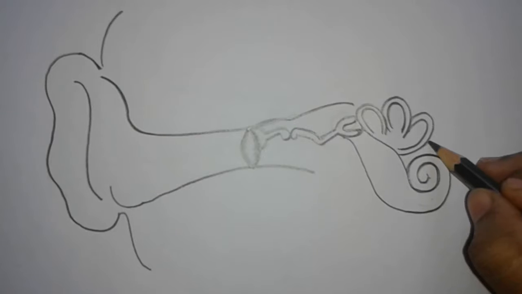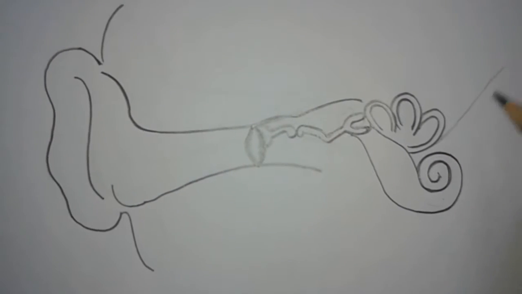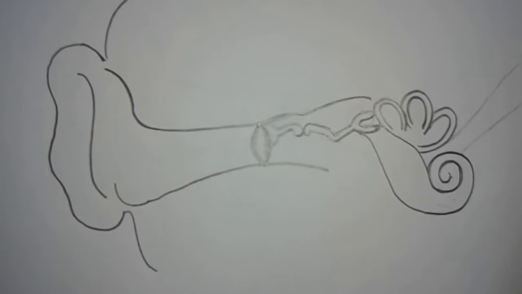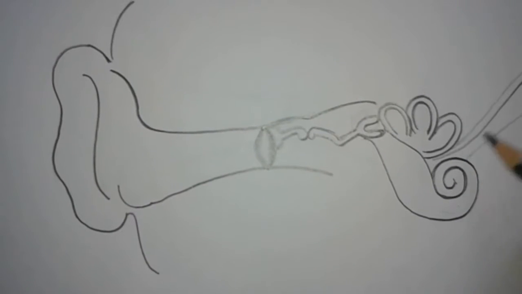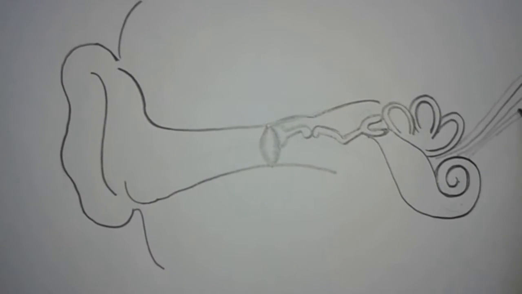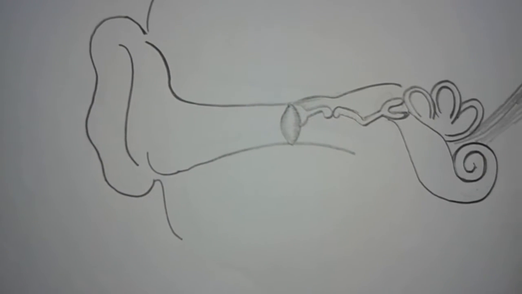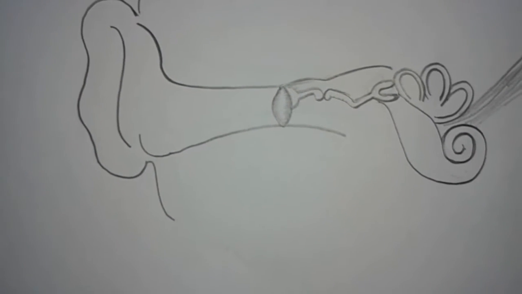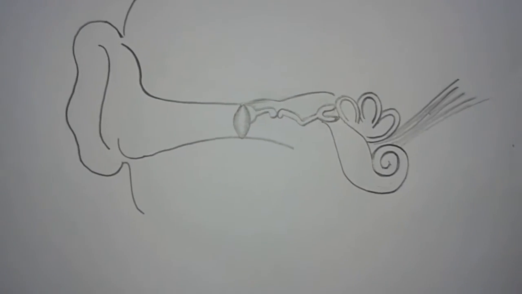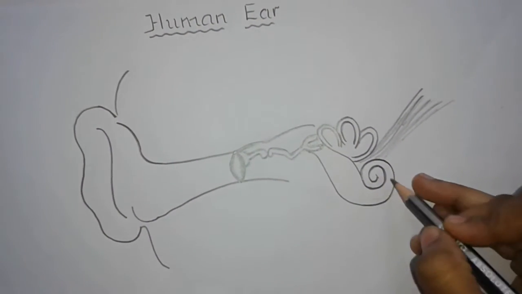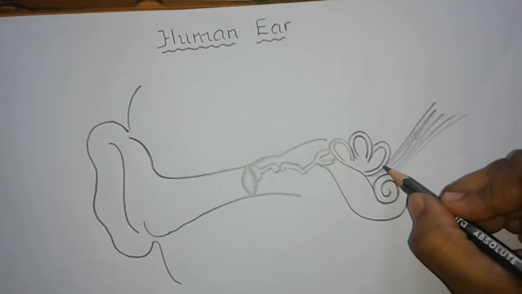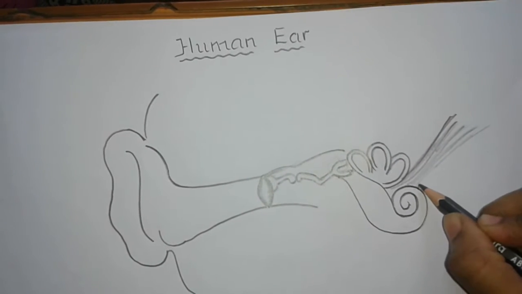Now from here draw the auditory nerve. The cochlea contains the receptors which join together to form the auditory nerve.